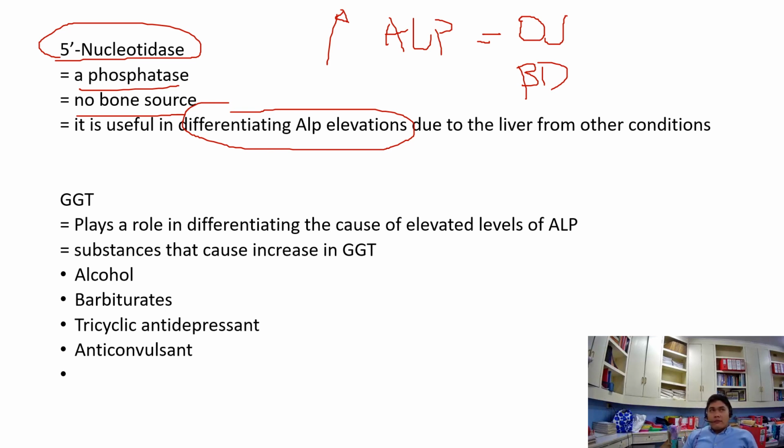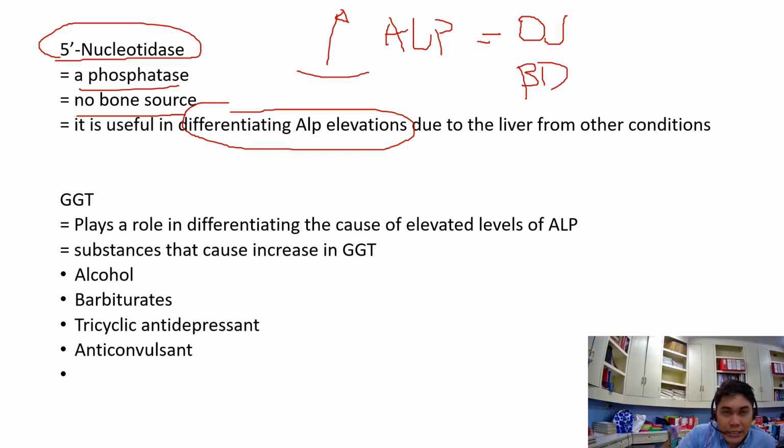Meaning, if there's increase in ALP, you have two possible causes: obstructive jaundice or biliary tract obstruction, and second is bone disorder. To differentiate the increase in ALP, you need to run 5-nucleotidase. So, to repeat, increased total ALP is seen in obstructive jaundice and bone disorder.